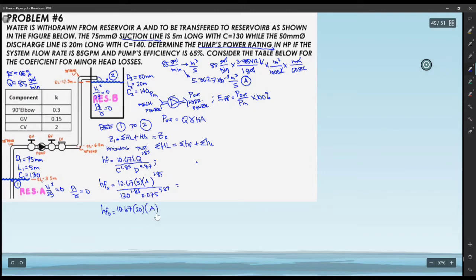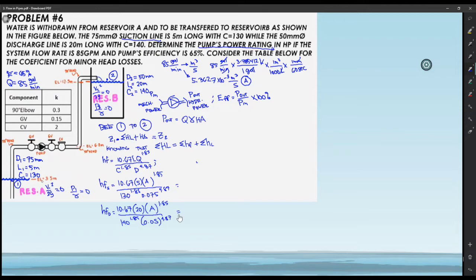So ilagay ko na lang dito is A raised to 1.85 over yung C natin, which is 140 raised to 1.85, and then the diameter of the pipe here is 50 mm, so that will be 0.05 raised to 4.87. Ayan. So pa-input na lang sa ALQ and tingnan natin yung lalabas sa sagot.